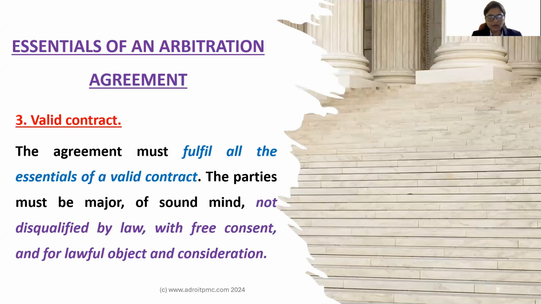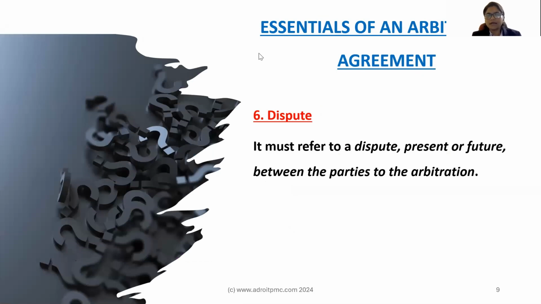Next is valid contract. The agreement must fulfill all the essentials of a valid contract. That is, it has to be executed by the parties of sound mind and not disqualified by law, and it should have valid consideration, etc. And as Mr. Ramasubramanian sir discussed, to invoke and refer the matter to arbitration, there should be some sort of contract and dispute existing between the parties.